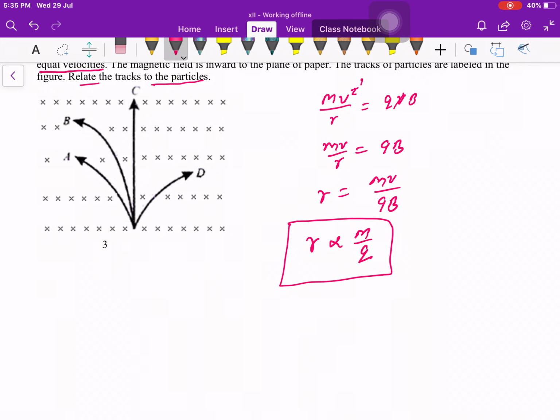We take first the electron, then the proton, then the third one, the alpha particle, and the fourth one is the neutron.